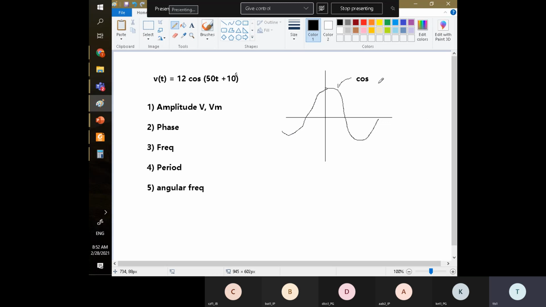Cosine theta, right? So the plus 10 means going in this direction. Plus means leading. Okay, so going in this direction here. Let me use a different color.